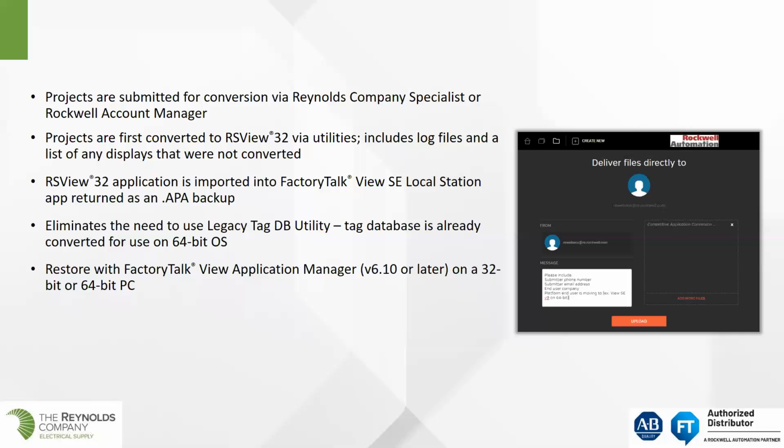And so this does a couple of things. It eliminates the need to use the legacy DB utility, and it also enables you to quickly restore the application to FactoryTalk View using the application manager tool. And then it can be used on a modern 64-bit operating system with FactoryTalk View SE. Okay, Mark, go ahead, next slide.